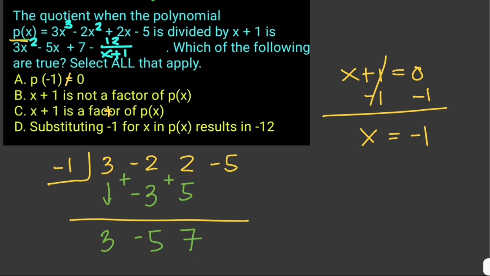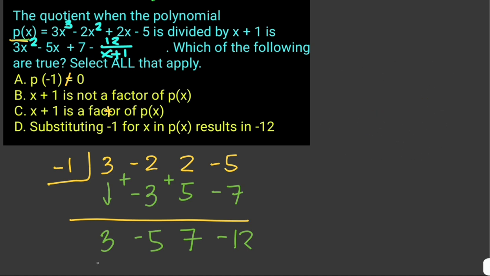And 7 times negative 1 is negative 7. And this is negative 12. And now this is the result of dividing the function p of x by x plus 1 with remainder negative 12.